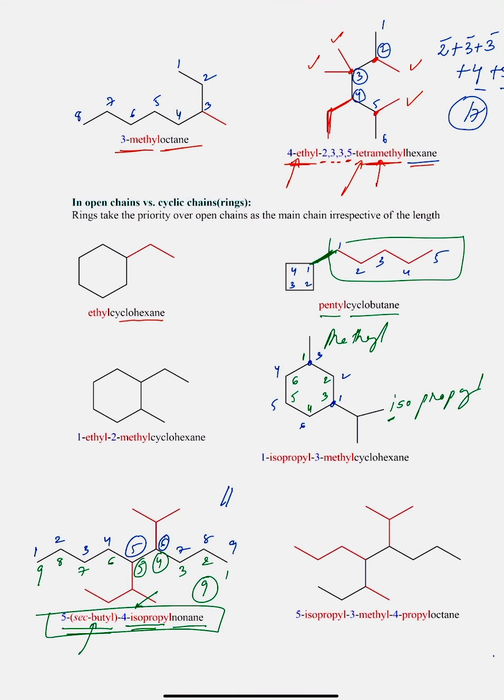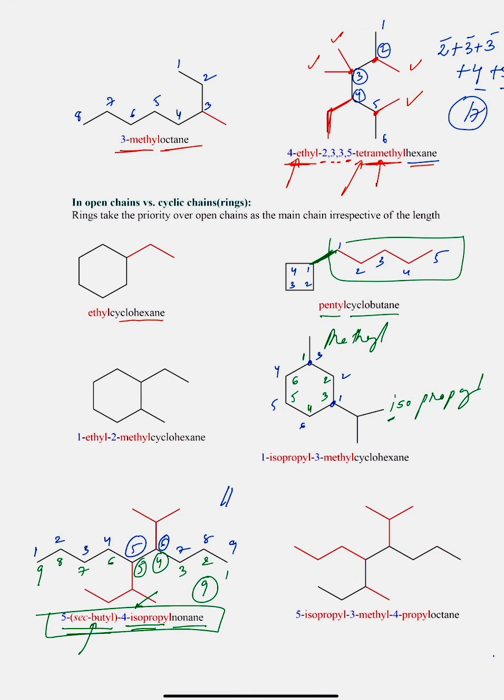In the next compound, the longest chain is this, which has 1, 2, 3, 4, 5, 6, 7, 8 carbons. And there is one more longest chain, which is this, which has 1, 2, 3, 4, 5, 6, 7, 8 carbons again.